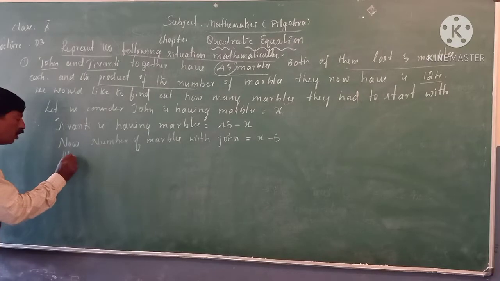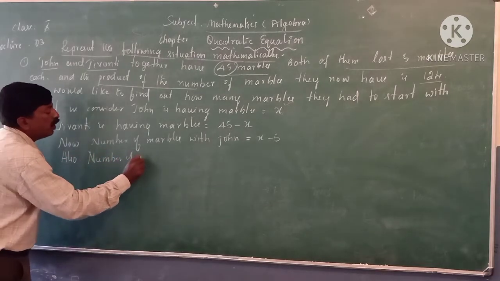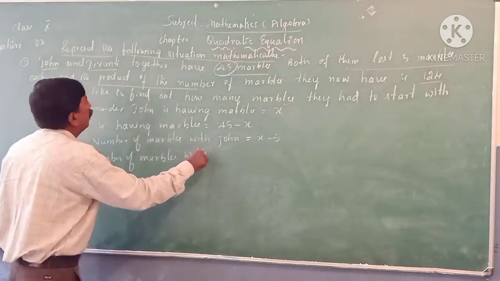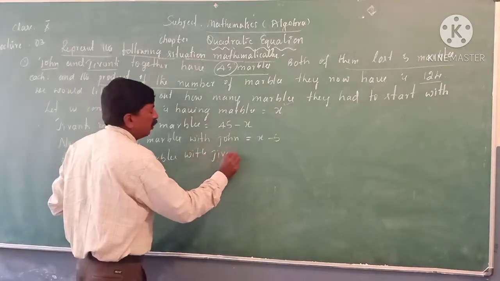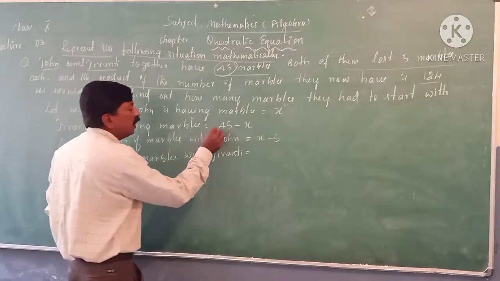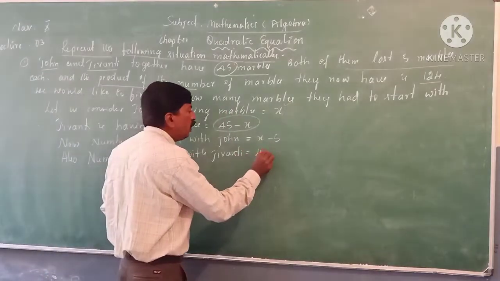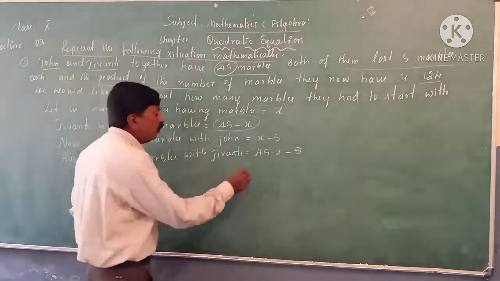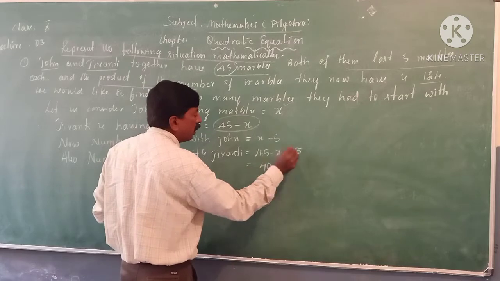Also, the number of marbles with the next person, Jeevanti. Jeevanti has 45 minus x marbles. She also lost 5 marbles. Therefore, 45 minus 5 is 40 minus x.